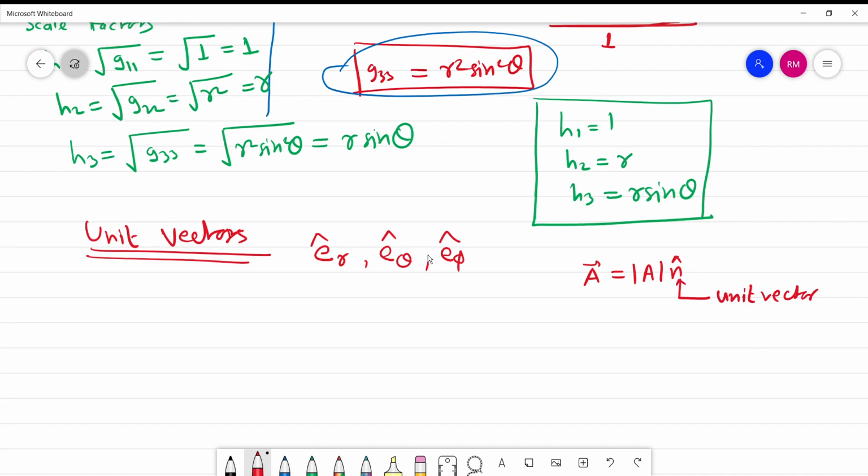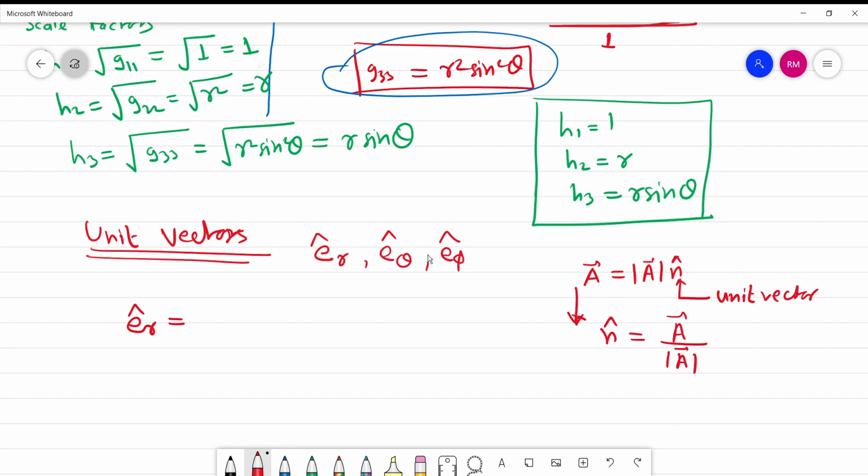Right? Okay. Similarly, if I want to obtain e_r cap, then I can write it like this. So here let us go further and see. If I want to obtain n cap, I can write it like mod of a bar divided by mod of a bar, right?